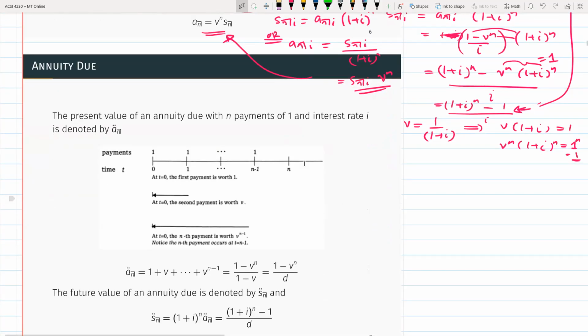Okay, so next type is annuity due. Again, I want to emphasize what's the difference. Annuity due means basically the first payment is at the beginning of the payment period.